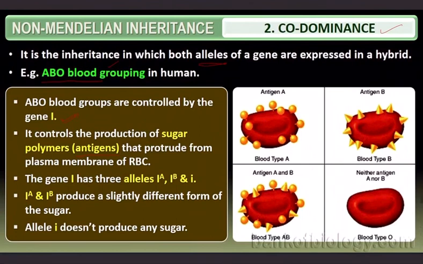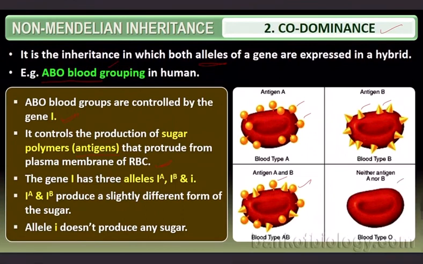Anti means against, right? ABO blood groups are controlled by a gene called the I gene, not one, you must remember it as I. It controls the production of sugar polymers. See, this is the purpose. The gene controls the production of sugar polymers. That's why they are called antigens that protrude from the plasma membrane of the RBC.